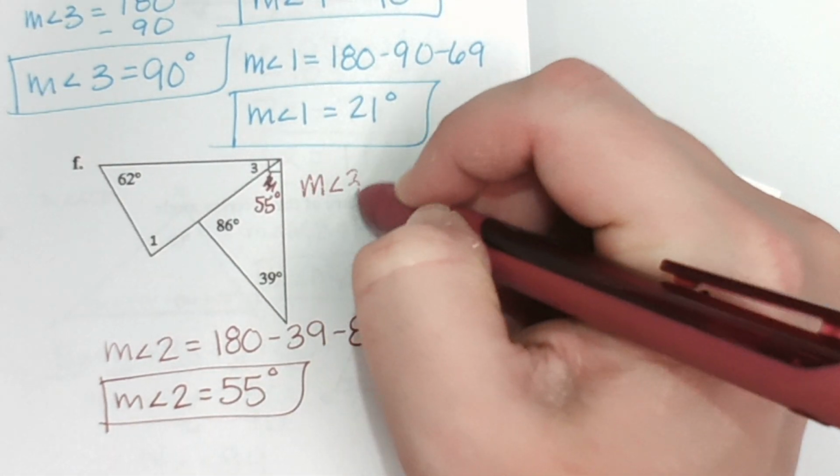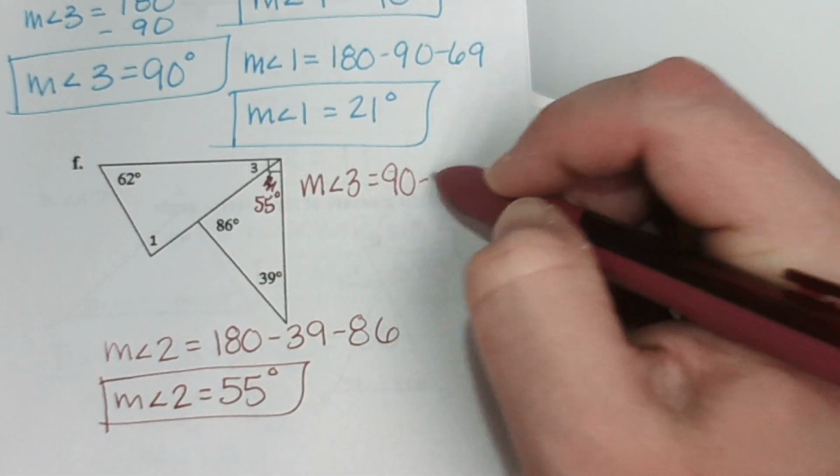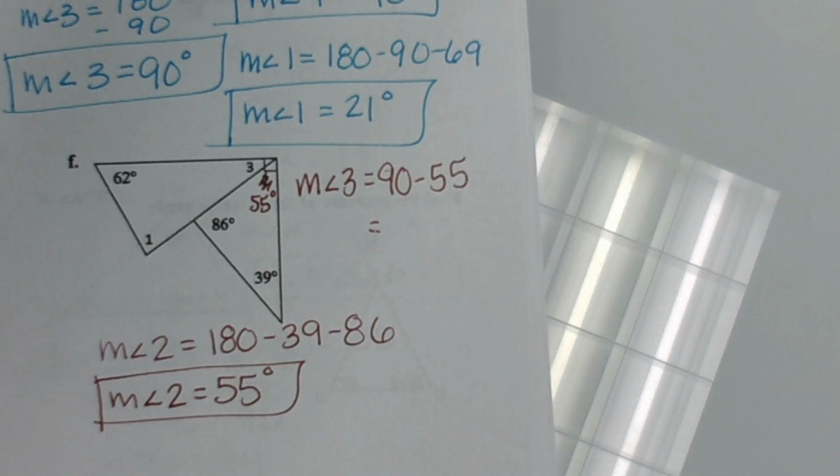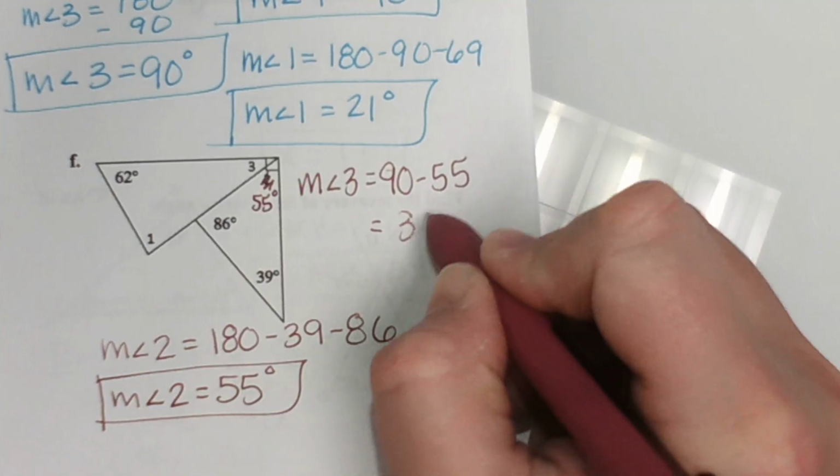So the measure of angle 3 is whatever 90 minus the 55 is. Brennan, what's 90 minus 55? 35.